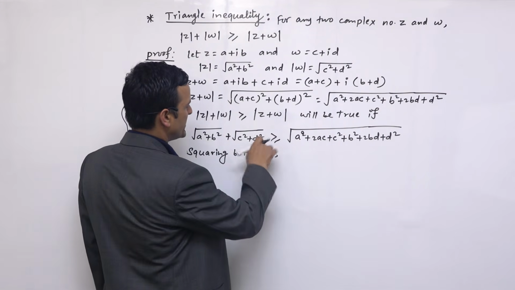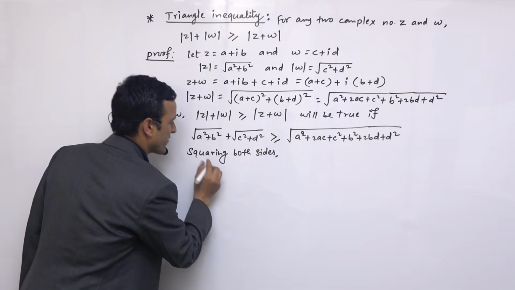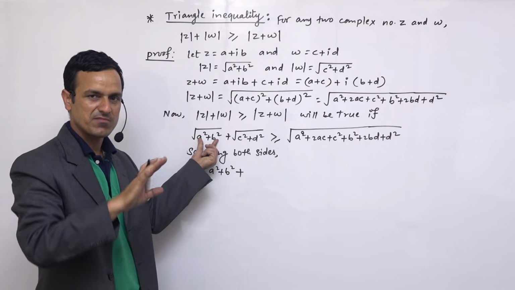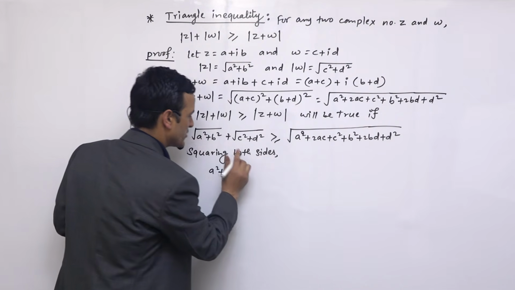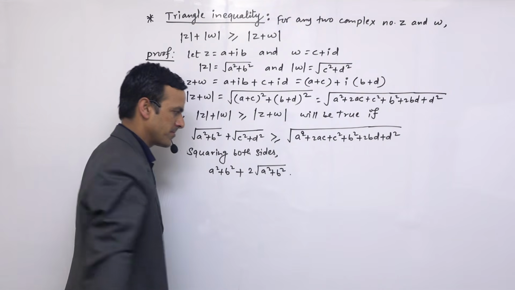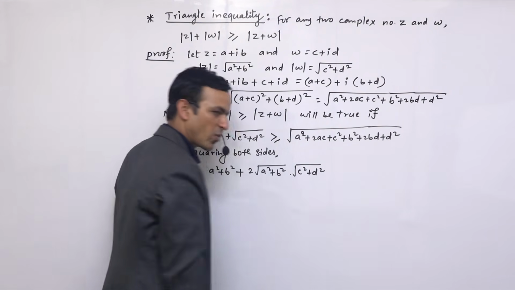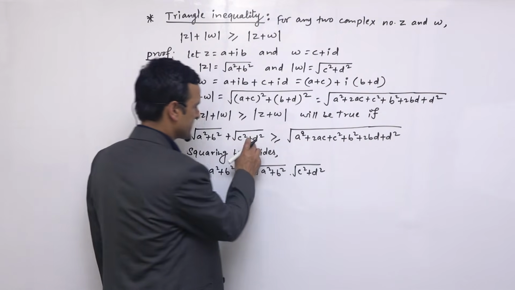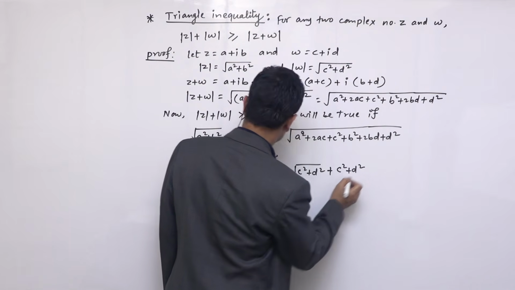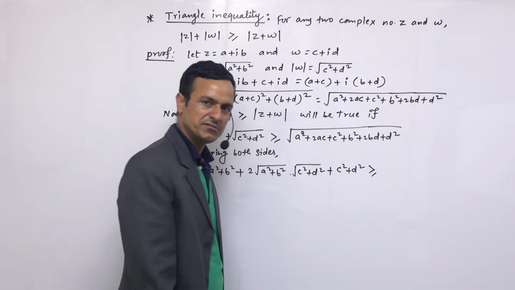Now (a plus b) power 2, a plus b whole square, and this is also squared. So we can write a square plus b square, because a square means this term whole square, and 2ab means 2 times root under (a square plus b square) into root under (c square plus d square), plus b square means the last term squared, c square plus d square, less or equal to the same relation.